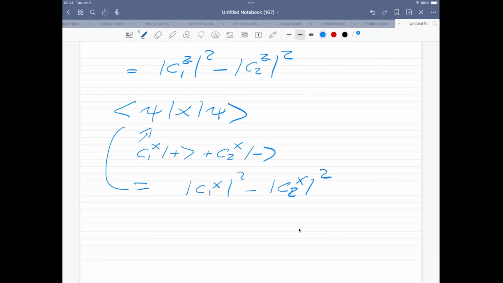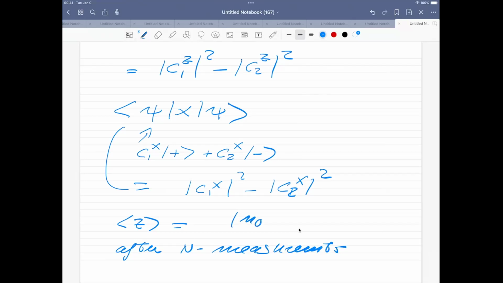So it means that my final expectation value, if I now look at this C here, this is going to be given when I run many measurements, after n measurements. That will be given by what I'm going to call n0 here.